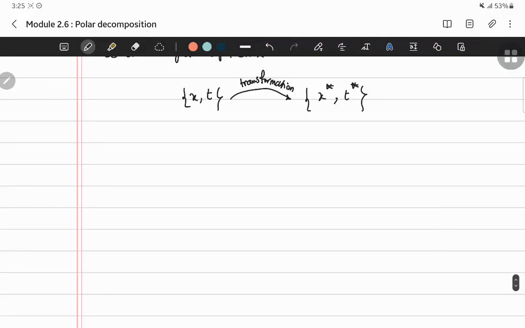So if you recall from rigid body motion, we already mentioned that x star is equal to c(t) plus R(t) times (X minus B).